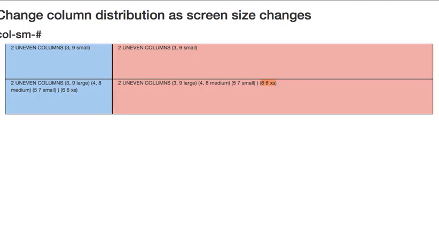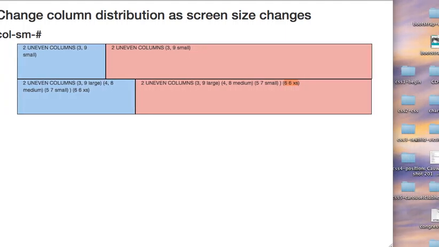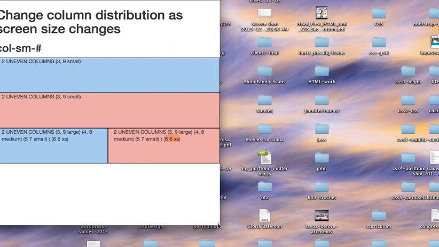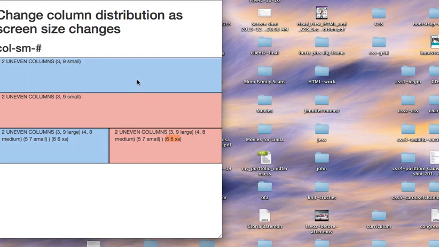Let's watch. Here we go at medium. See how it's already changed? Now we're at small, and here we are at extra small. Now at extra small, these two stacked, but because I told it to, it's going to be a 6-6 layout for extra small.